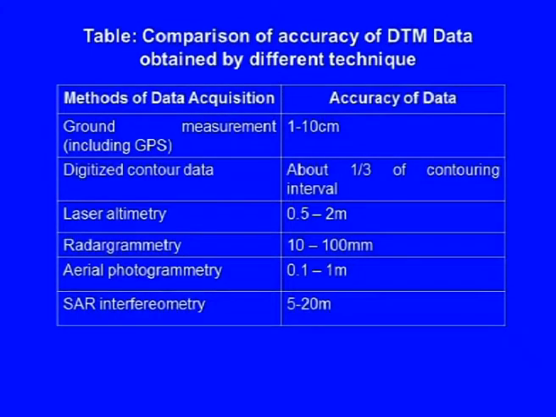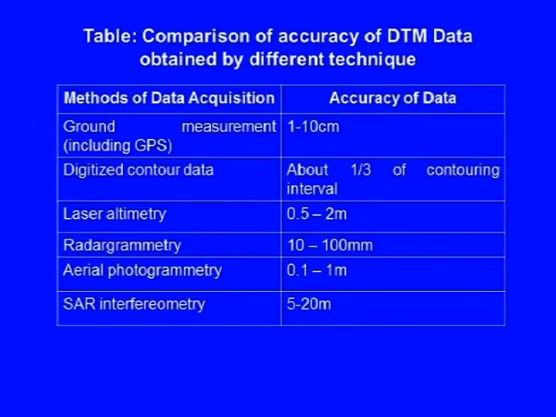So, now let us look at the different accuracies of DTM data as obtained by different techniques. If we are going for ground based measurements including GPS, then the accuracy of the data acquired could be of the order of 1 to 10 centimeters. From digitized contours, it is about 1/3 the contouring interval.